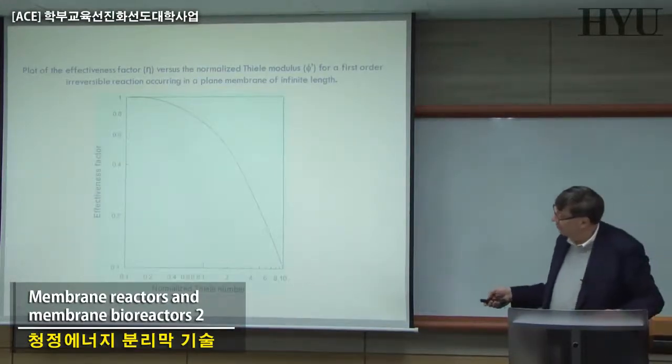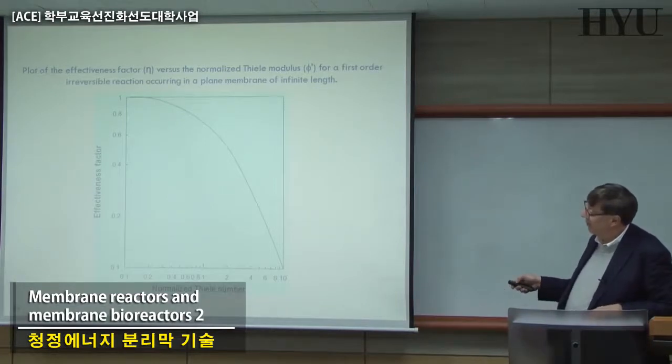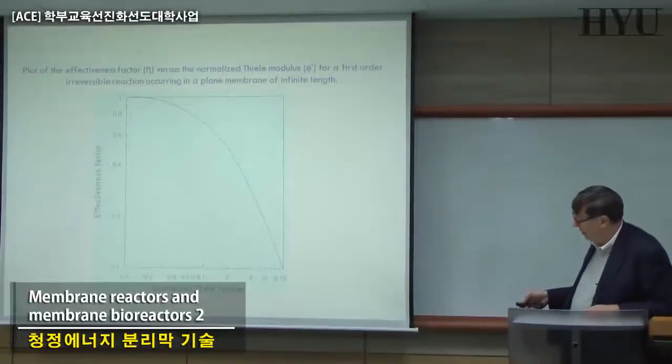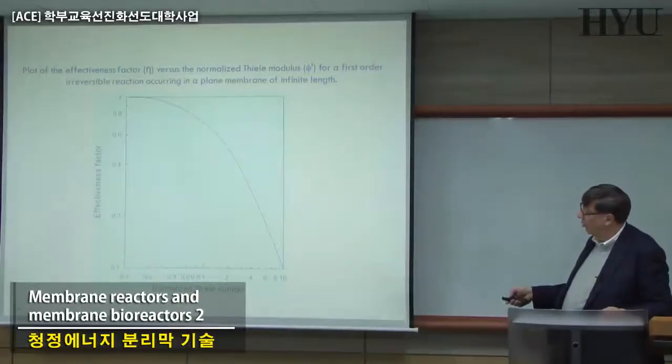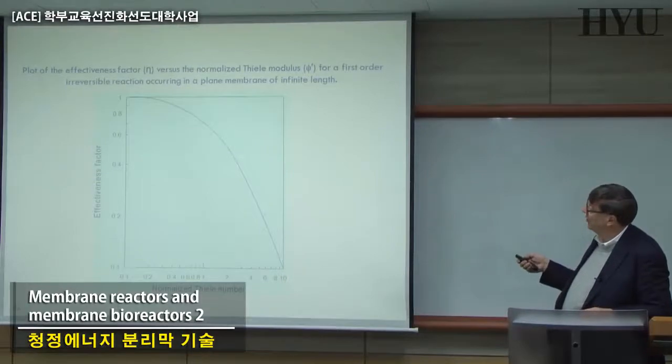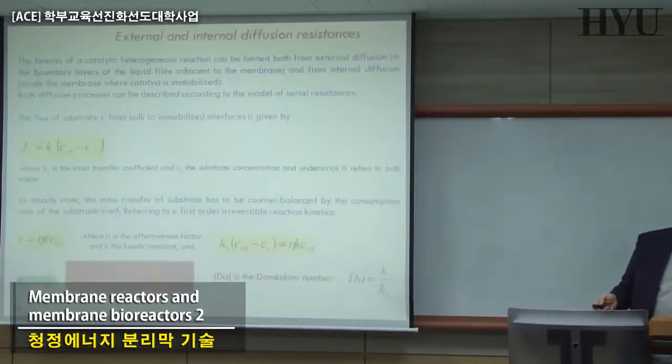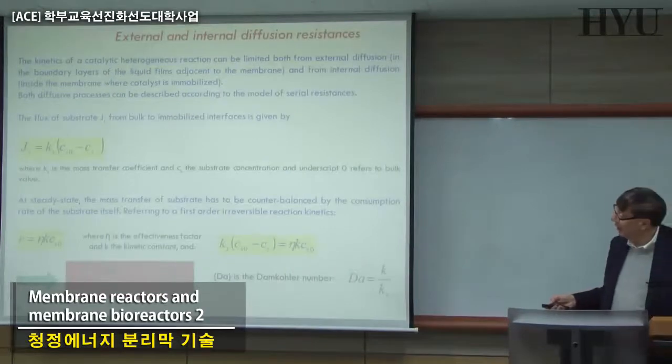The typical behavior is here. You can see the effectiveness factor in terms of the normalized Thiele number, and you have 1 basically for very low values. You have a high effectiveness only for a relatively low normalized Thiele number. Otherwise, you can have very, very low efficiency. That means what prevails is the mass transfer resistance that the system is offering you.